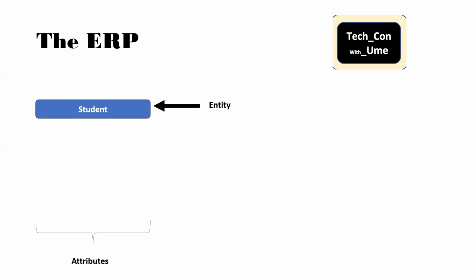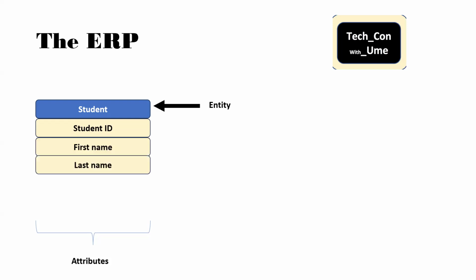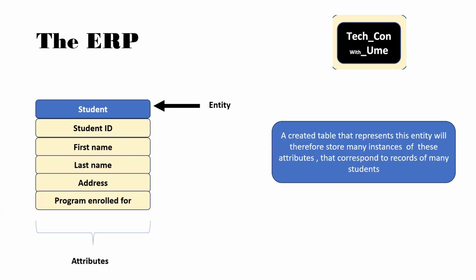Now, the student entity may consist of the following attributes: student identification number, denoted by student ID, first name, last name, address, program enrolled for.